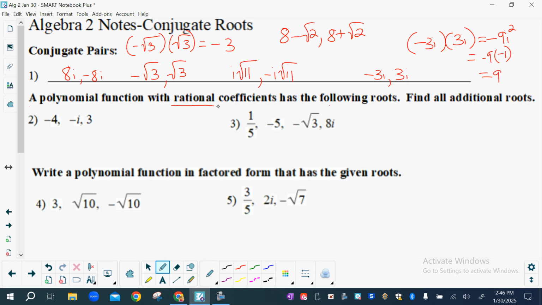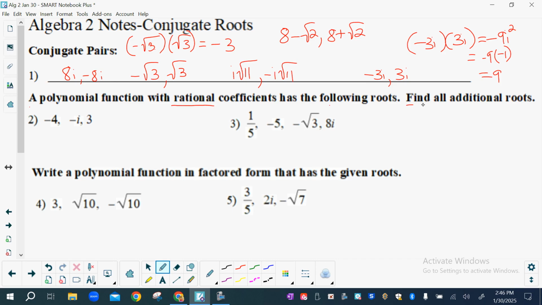The number 111 could be 111 over 1. So when we have the conjugates, we get those nice numbers for our coefficients.